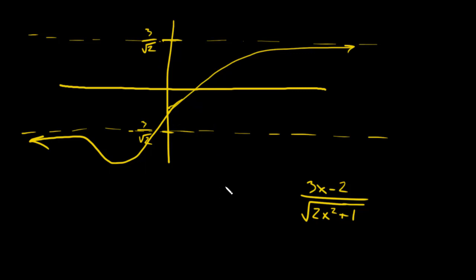A vertical asymptote is a missing value. It is something that makes the denominator go to 0, so it is undefined. I can do this, I can do this, and all the other variations, but you will never see the function leap over. No matter how I graph it, it will never cross the vertical asymptote.